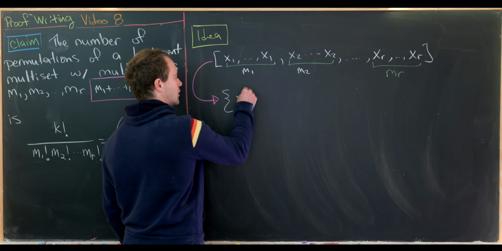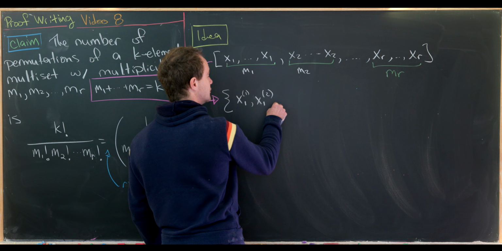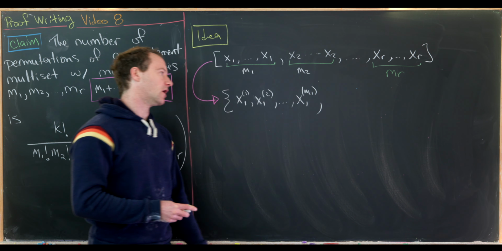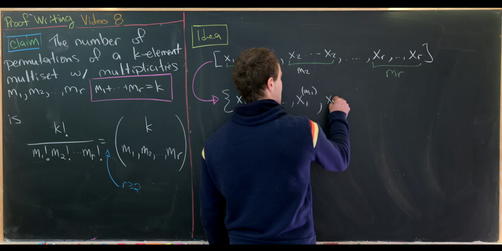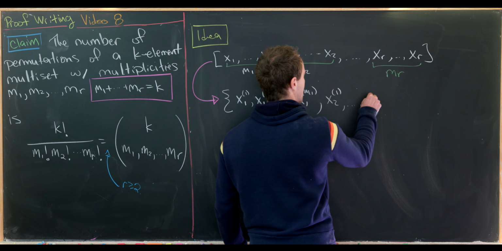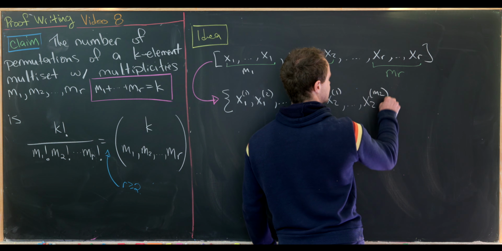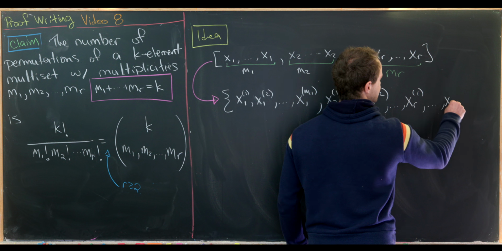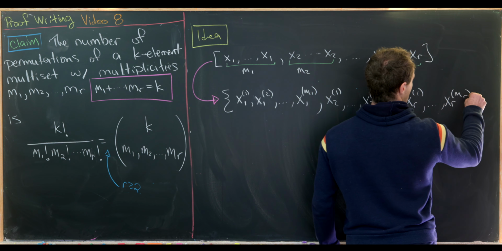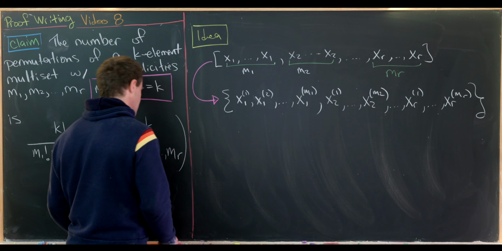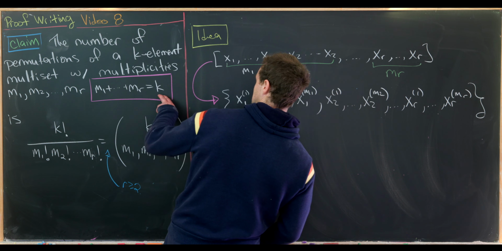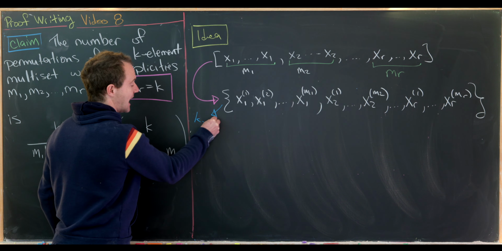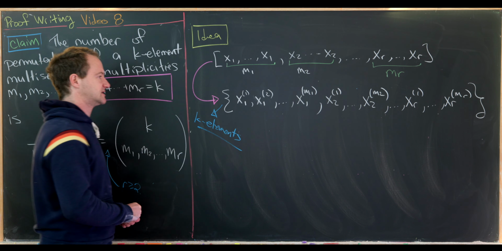I'll call it x1^1, x1^2, all the way up to x1^m1. So that would be all of the x1s. And then we'll have x2^1, all the way up to x2^m2, all the way up to xr^1 and then xr^mr. And then how many elements are in this set? Well, based off this sum, m1 to mr, we know there are k elements in this set.